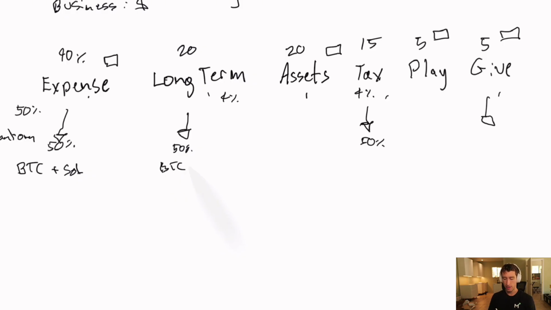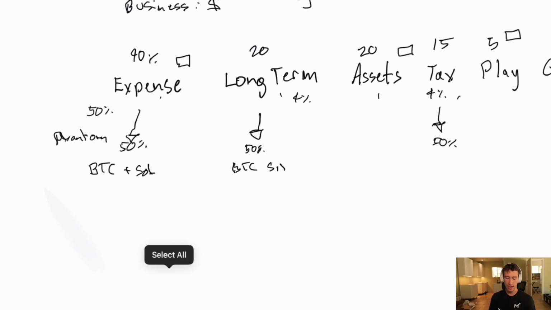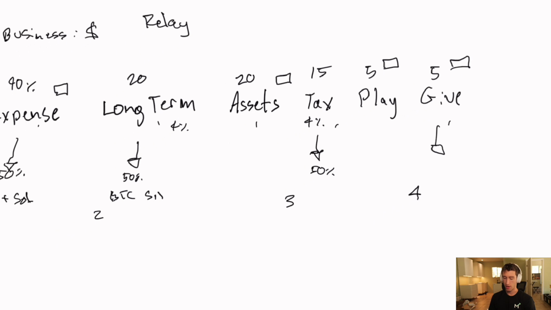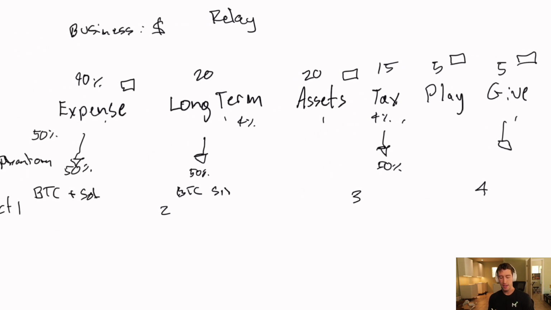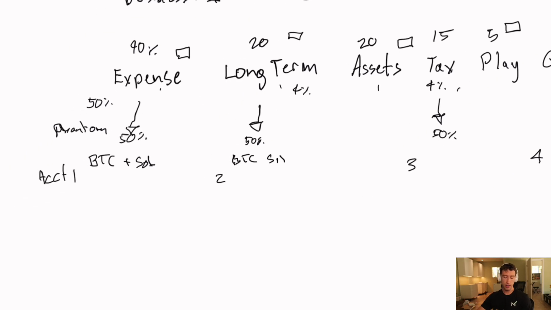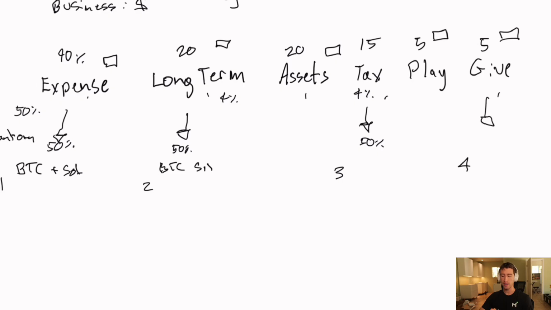So we go Bitcoin and Solana for each of these, and you create accounts 1, 2, 3, 4 in the Phantom wallet. And you take the debit card from these accounts, which you want to create, a debit card for each account, and you pay into the Phantom wallet to store half of the capital in these accounts that you start to build as crypto.